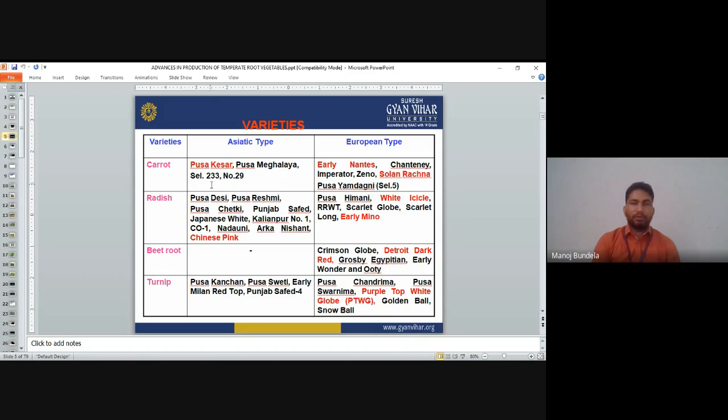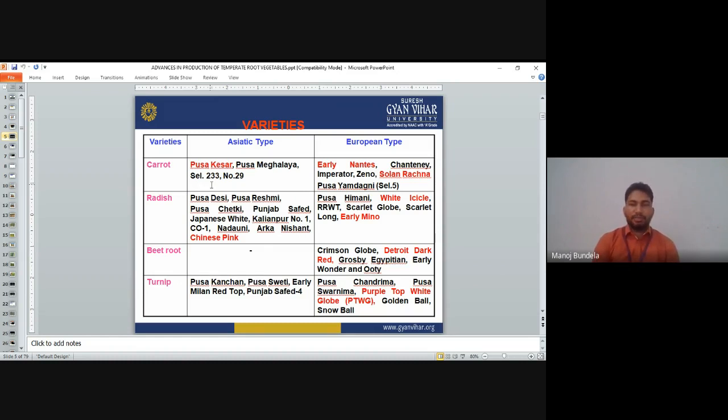In beetroot, only European type varieties are there, like Crimson Globe, Detroit Dark Red, Early Wonder, Egyptian, Ugly Wonder, and Putty. Turnip varieties: Pusa Kanchan, Pusa Sweti, Milan Red Top, Punjab Safed.